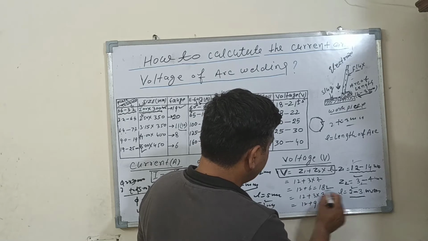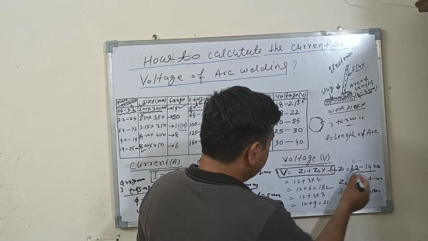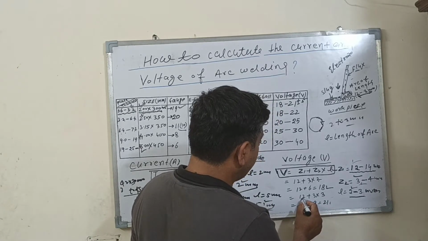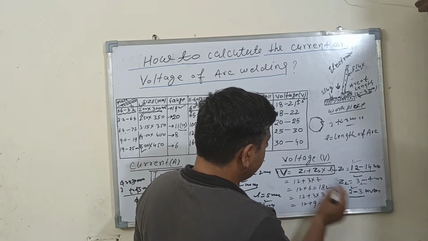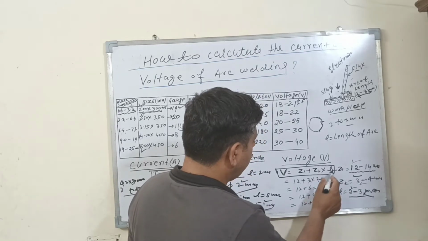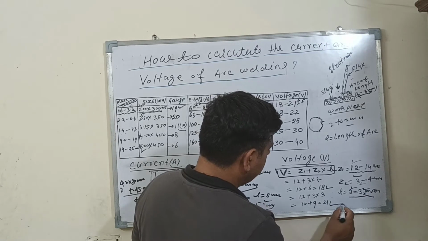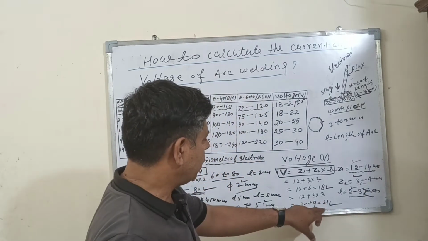This value is 18. In the other case, Z1 is 12, Z2 is 3, and L is the length of arc. So this is how you will calculate the voltage.